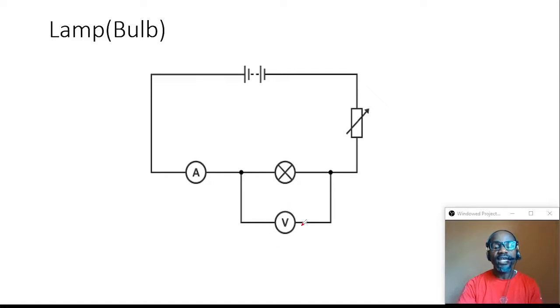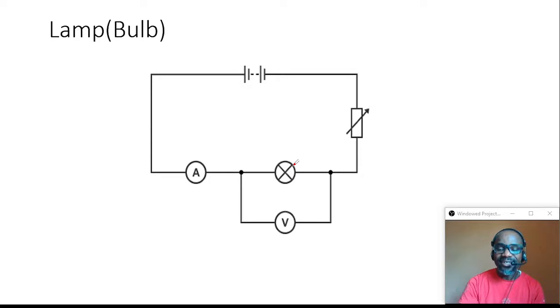Before we delve into all that, it is important for us to understand the various parts of this schematic representation of an electric circuit, especially when a lamp is connected. Recall that in our previous video we discussed an electric circuit when a resistor is connected.